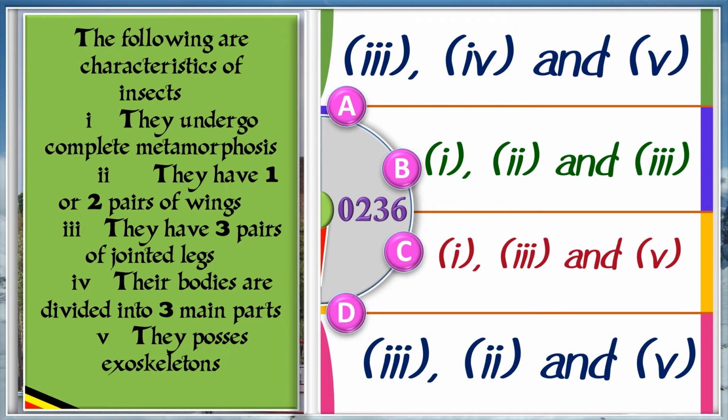And the answer is A. 3. They have 3 pairs of jointed legs. 4. Their bodies are divided into 3 main parts. And 5. They possess exoskeleton.